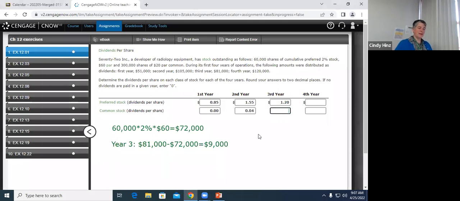And then the remaining $9,000 would be the residual for the common shareholders. And there were 300,000 shares of common stock outstanding. So the $9,000 split among the 300,000 shares of common stock works out to be 3 cents per share.